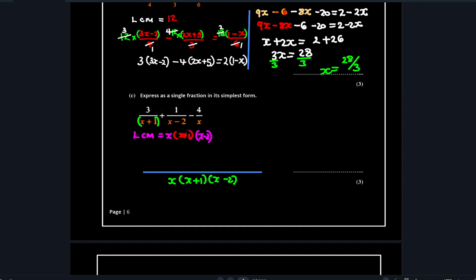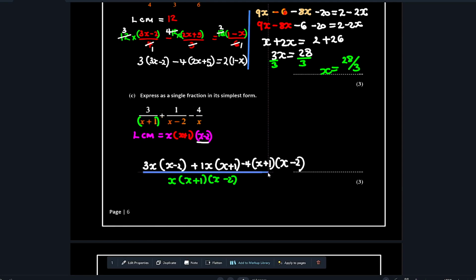So we are going to have this cancel. So this is going to be 3x into x minus 2 minus 1 x plus 1, and this is going to be minus 4, and x is going to cancel that particular point.